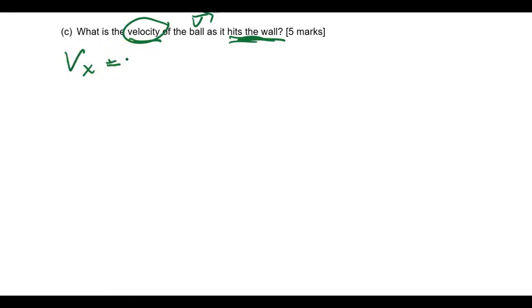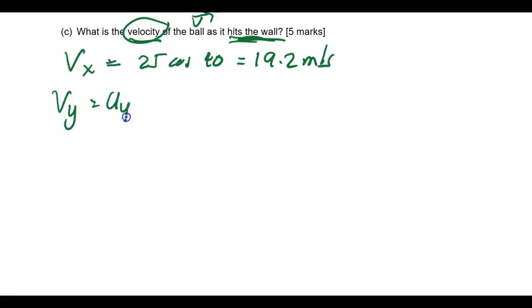Vx here is 25 cosine 40, because it's a constant. Value is about 19.2 meter per second. On the other hand, Vy, this one you can use this projectile equation to find it. When it hit the wall, remember it is time from the question A is 1.15 seconds. And the Uy here is 25 sine of 40.